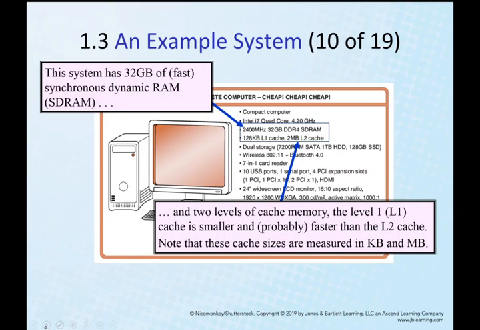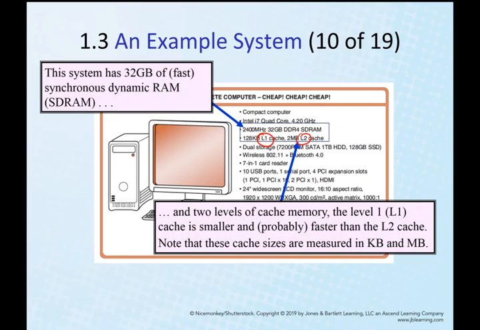Okay, so let's go back to our system. This system has 32 gigabytes of DDR4 RAM, and of course it has cache memory. If you look, it says L1 and L2.